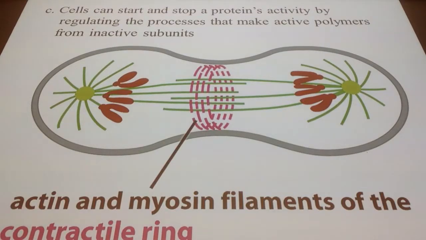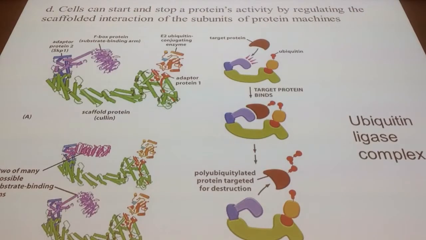So assembly and disassembly of microfilaments, which is a polymer, controls cell division, at least the cytokinesis. So it's just an example of how formation of a polymer as well as the breakdown of a polymer can control activities.